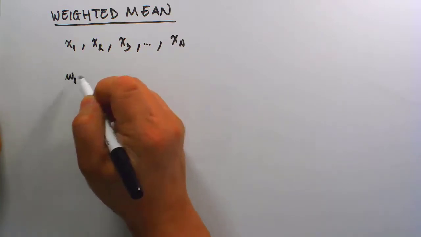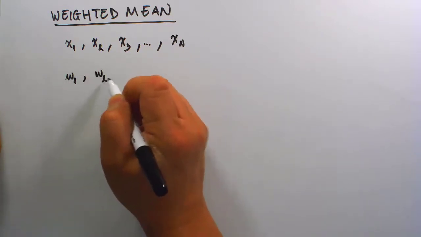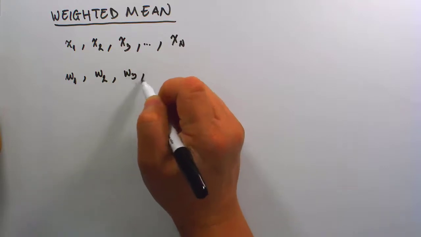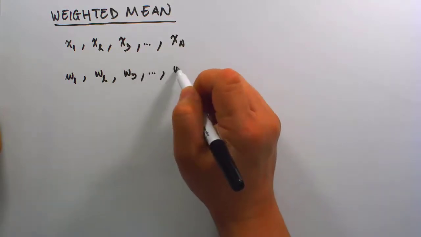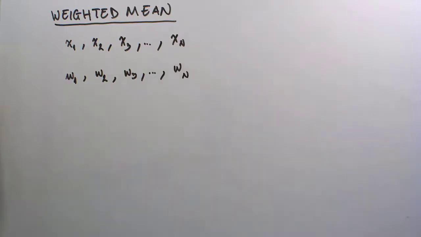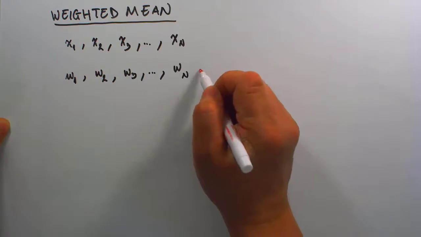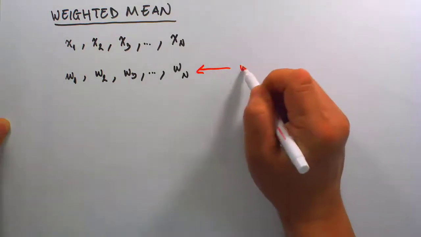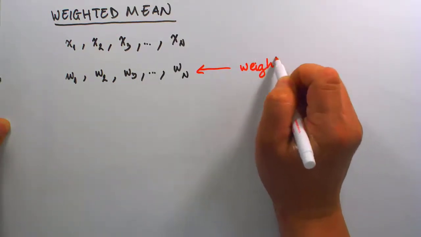So weights W1, W2, W3, and so on, up to the last weight corresponding to xn, Wn. Once again, these symbols W are referred to as the weights.